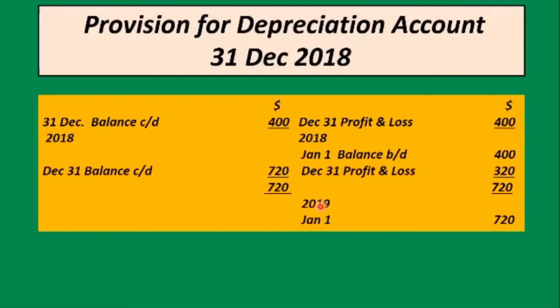You will write up an income statement and your provision for depreciation account as well as the general journal for each one of the years.